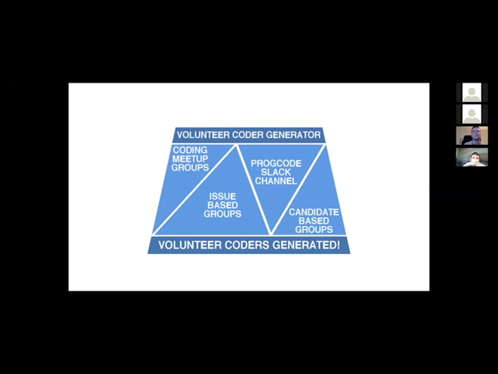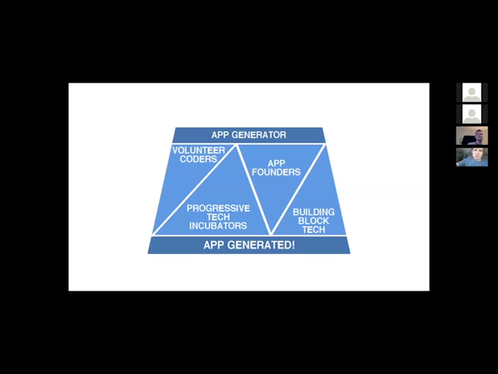which brings me to the next piece of the puzzle, the app generator. The app generator connects the app founders and the app volunteers to create these apps. Additionally, the building block technologies like National Voter File and Political Landscape API will give the founders and volunteers, for lack of a better word, raw materials to work with to build their apps on top of, to build stronger, more impactful apps.